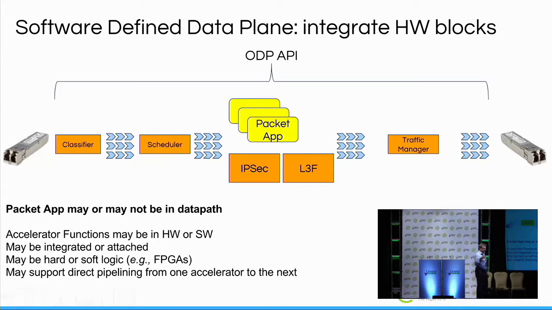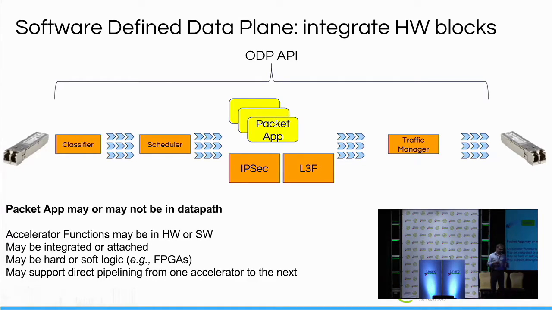With a software-defined dataplane, a software-defined dataplane application would actually configure all the hardware blocks in such a way that packets can flow from input port to output port without having any software involved. In some cases, we can even have very smart features applied, like IPsec and layer 3 forwarding.